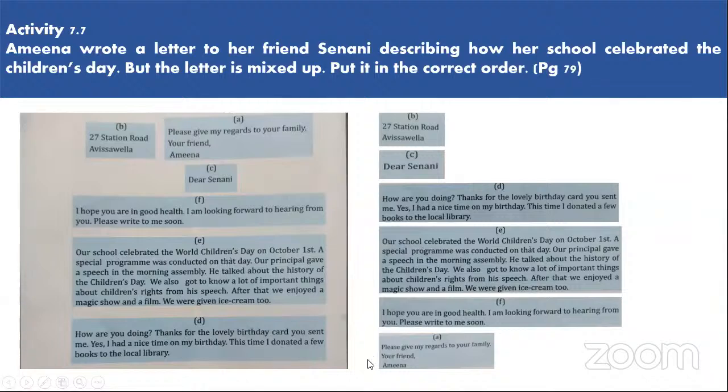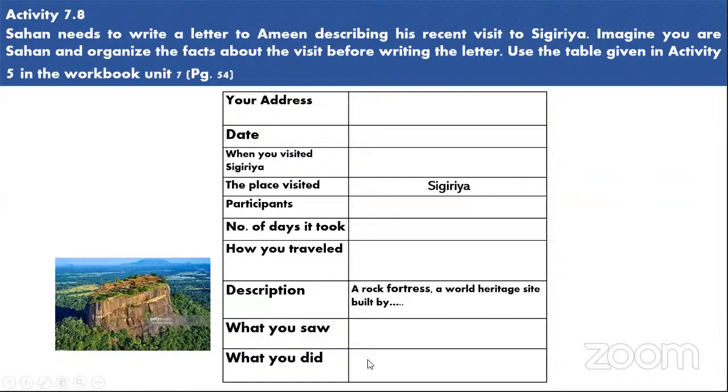Okay, let's move on to the next activity in your workbook. Workbook page number 54, activity 7.8. Sam needs to write a letter to Amin, describing his recent visit to Sigiriya.